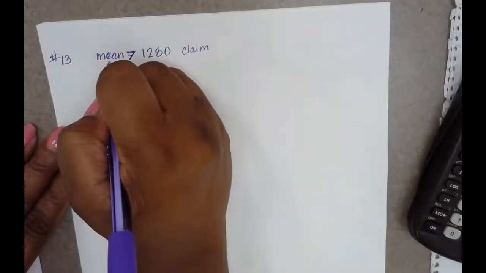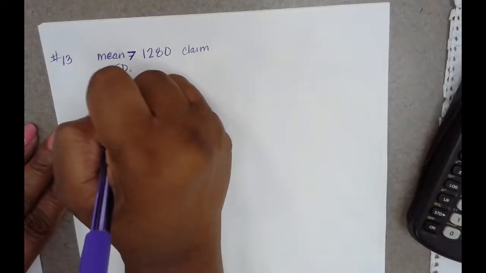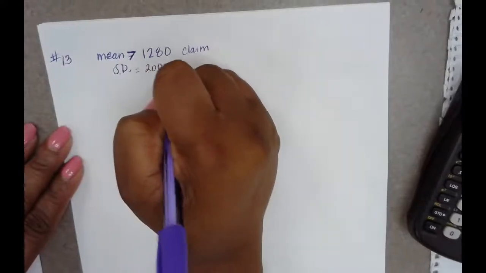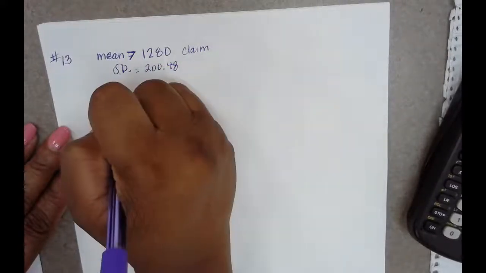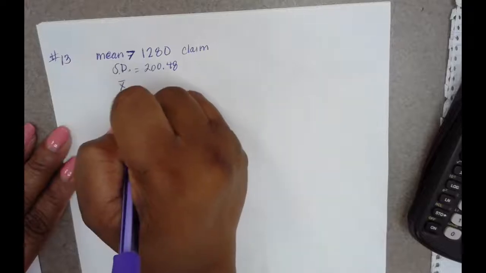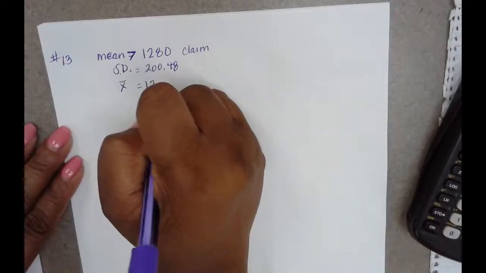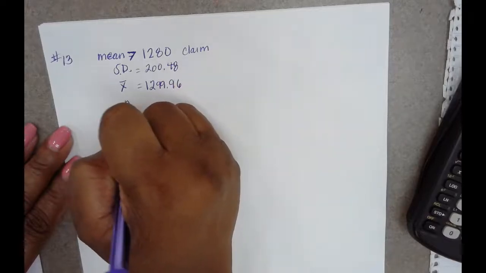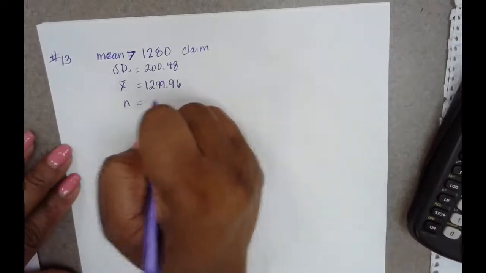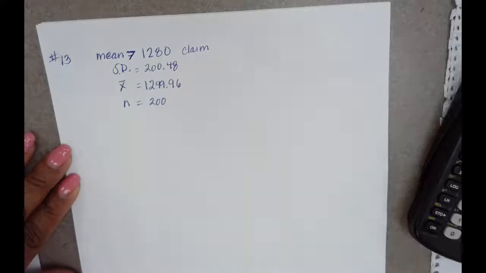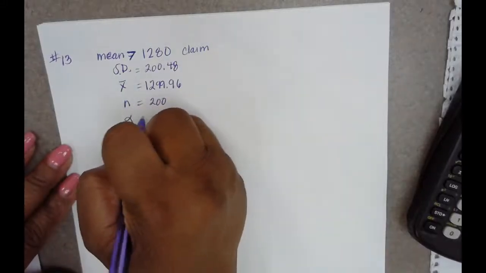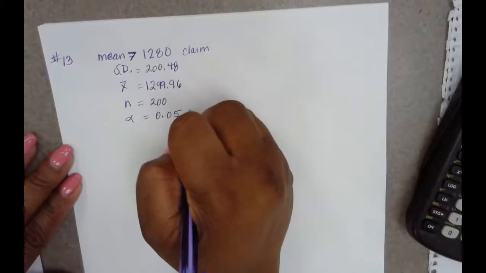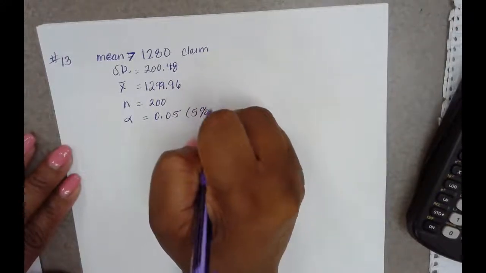We know that our standard deviation is 200.48. Our X bar is 1,299.96, and the sample size is 200. We know that our level of significance is 0.05, which is also 5%.